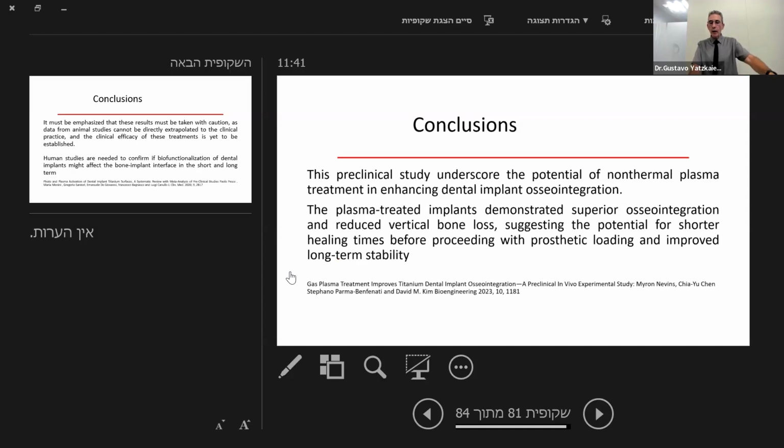And in the work done by Myron Davis from the USA, they worked in beagle dogs, not in rabbits, and they found not only an improvement in the osseointegration, but also a reduction in vertical or cervical bone loss. They also suggest that we can shorten the healing time, meaning to do the rehabilitation earlier than we do nowadays.